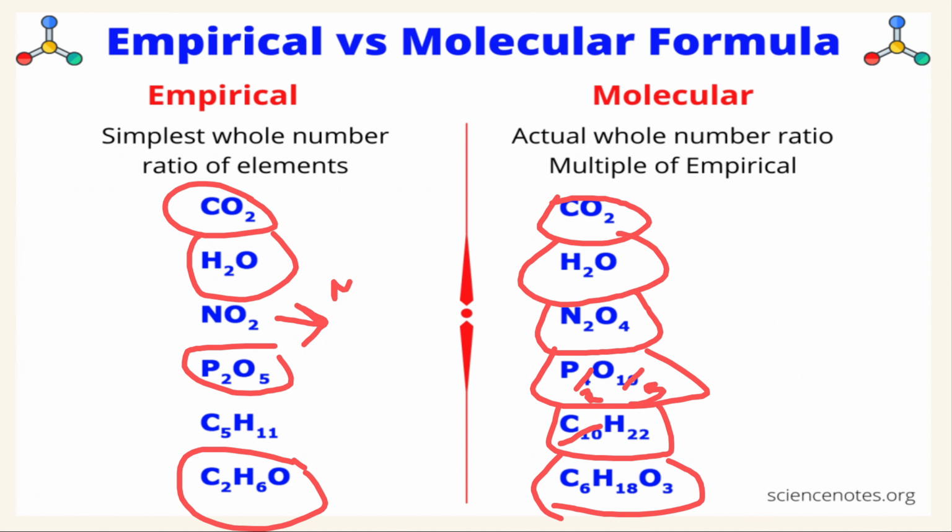So this could also lead to N2O4, or another molecular formula, which could be N3O6. When you simplify both, you would get NO2. So NO2 would be the empirical formula. These would be the molecular formulas for specific compounds.